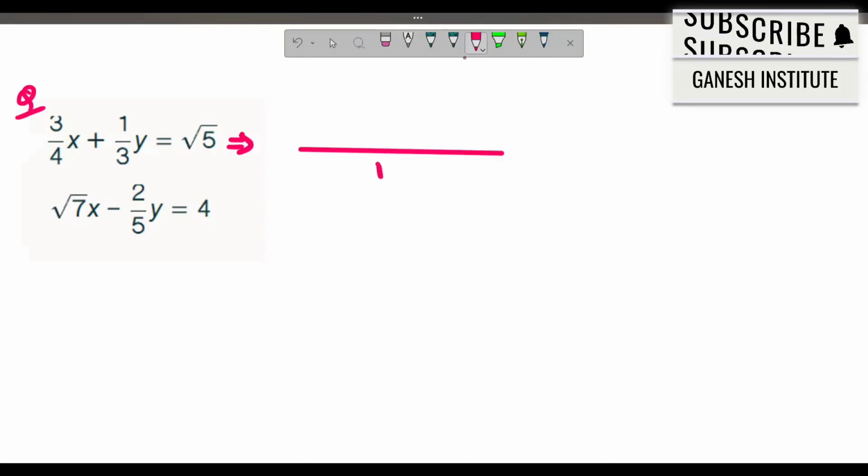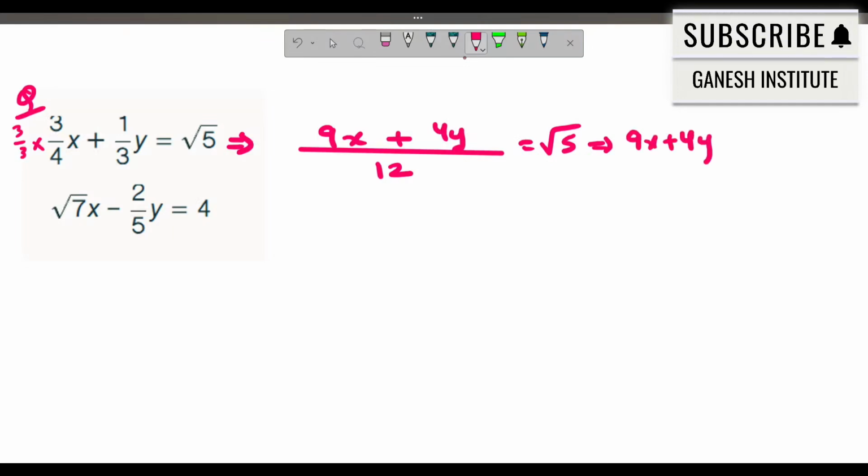So you would do 4 times 9x. So 9x plus, you would have to make that 12 too. So then you would do 4y is equal to the root 5, you multiply by 12, so I think it's 12 root 5.